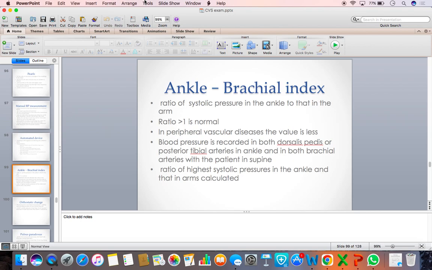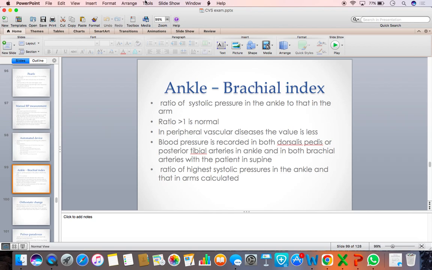Then, certain applications. Ankle Brachial Index. This is taken in conditions wherein there is suspected vascular disease in the lower limbs, like Buerger's disease, any vascular disease in the lower limbs.